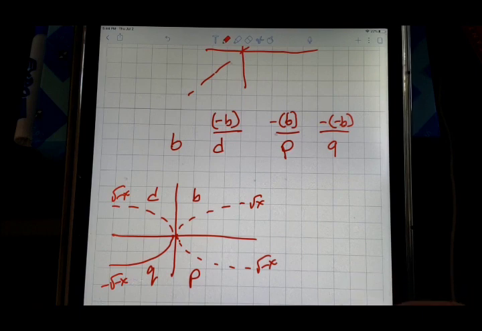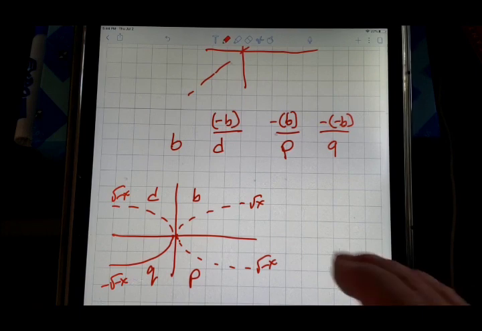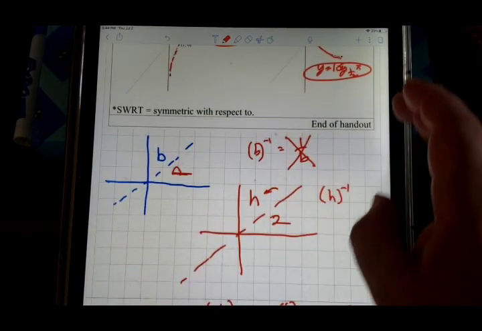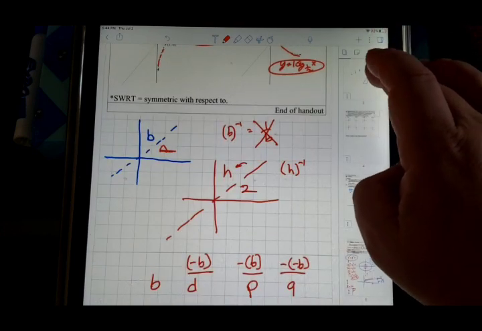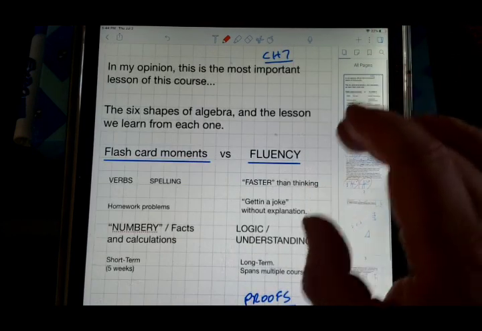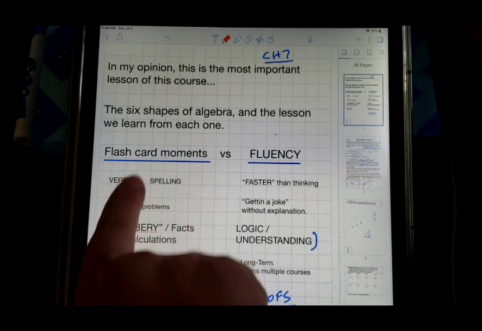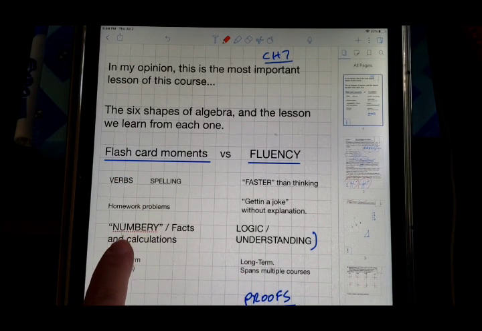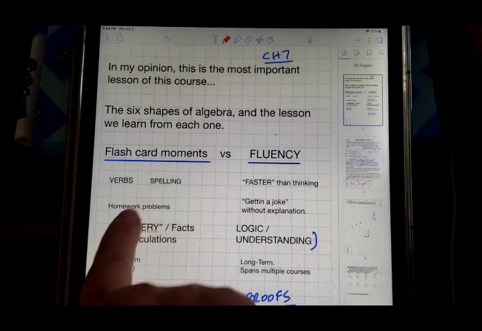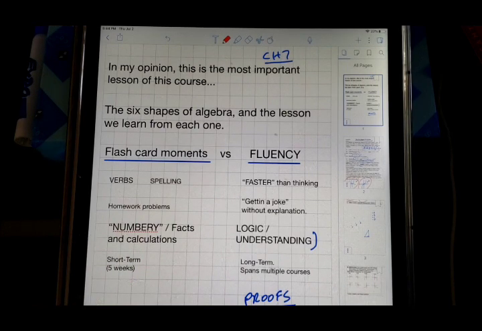But I'll put it this way. They don't really put points on your test. What puts points on your test is the flashcard moments, the facts, the calculations, the homework. Some people would call it the heavy lifting.